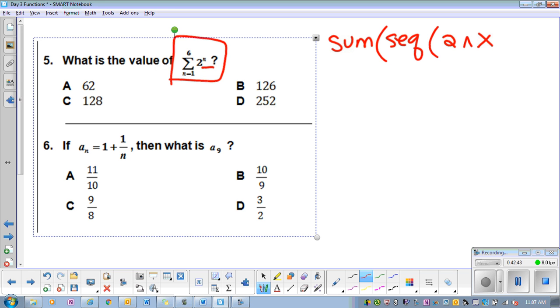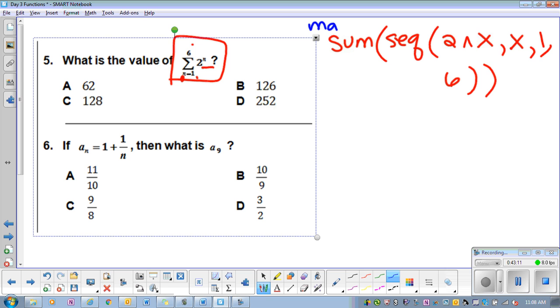X, because you have to put x in your calculator, comma. Now you got to put in everything, right? Then you have the n, which is x, comma. What's the smaller number? 1, comma. What's the bigger number? 6, and then close, close. Put that in your calculator. Tell me what you get.